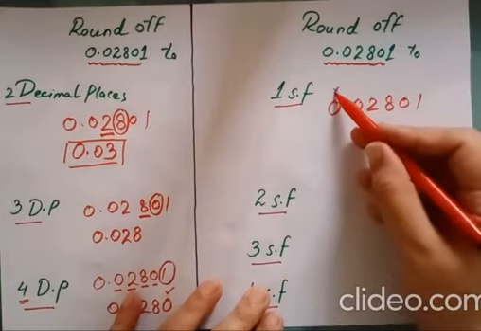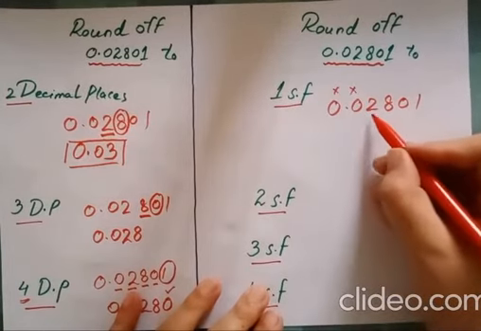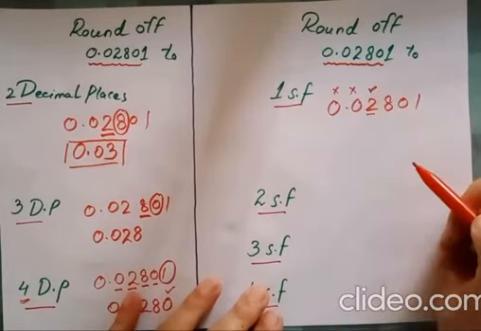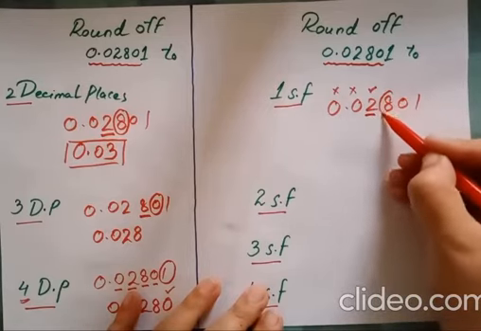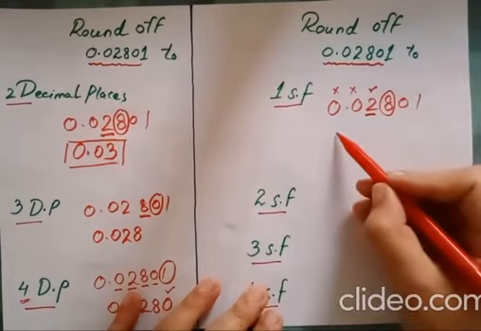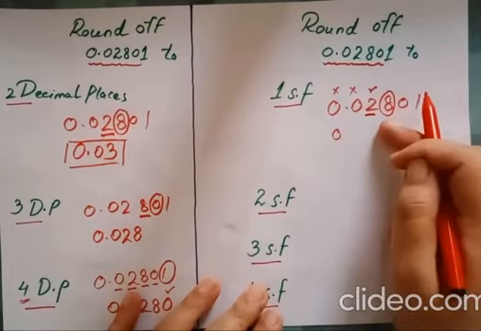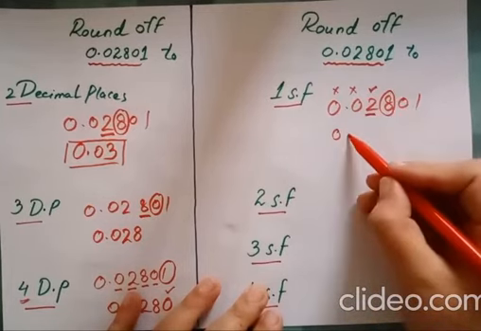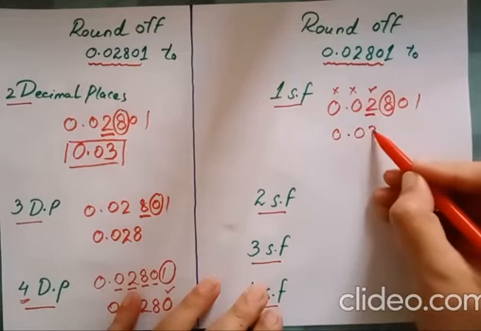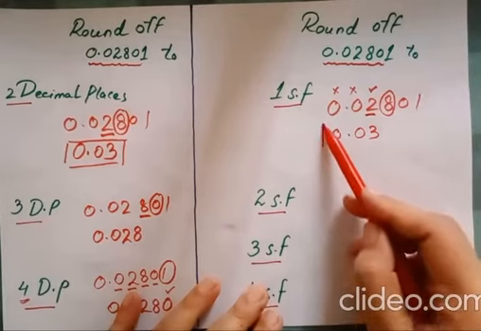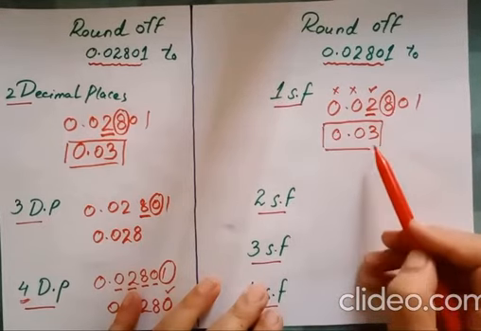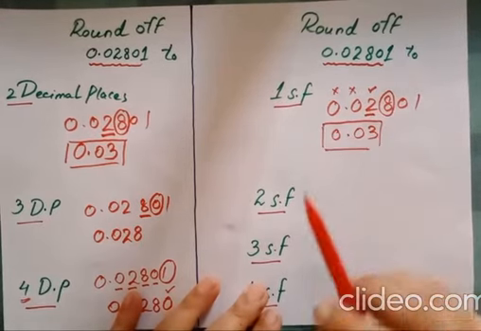These zeros are not significant, but this 2 is the first significant figure, so I have to round it off till here and circle the very next digit to it, and it is more than 5, so I will add 1 to it, so it will become 0.03. That's it. I have rounded it off to one significant figure, and now you can see you have one significant figure.